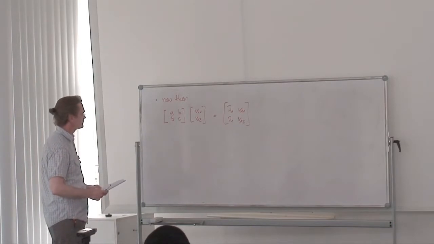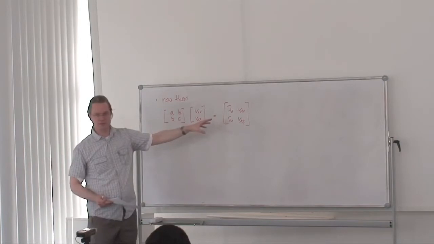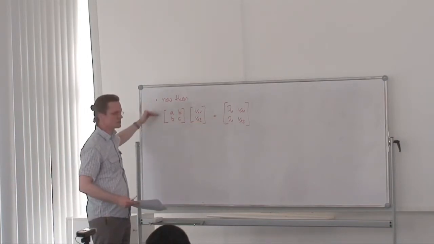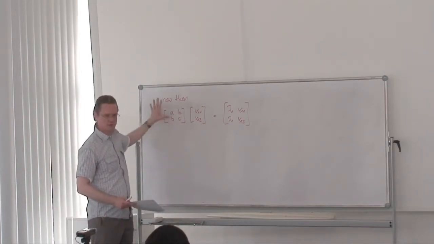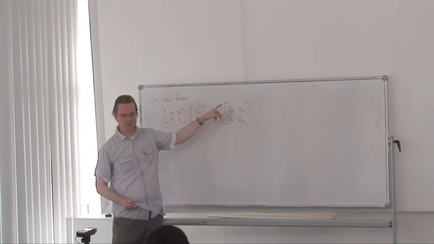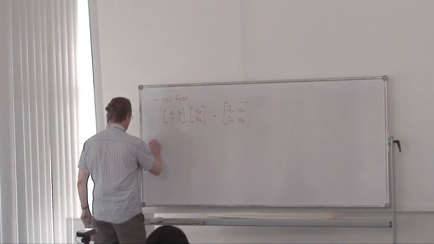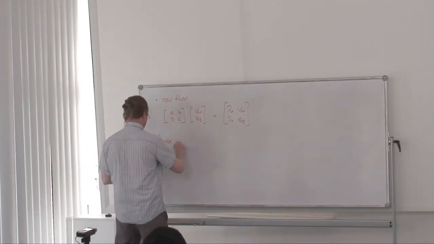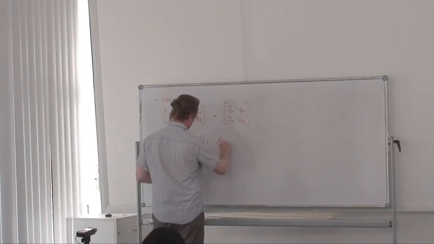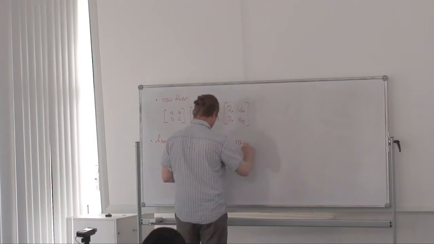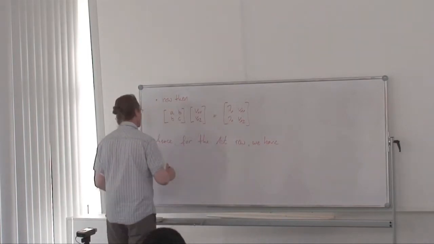Okay, but if we have a matrix vector equation like that, we can understand it as two equations, right? In order for this to hold, the first row on the left-hand side has to be equal to the first row on the right-hand side, and vice versa for the second. So, therefore, or hence, for the first row, we write it out.